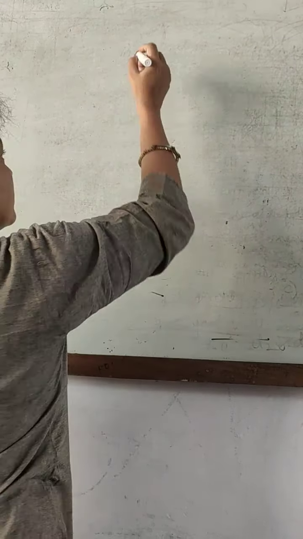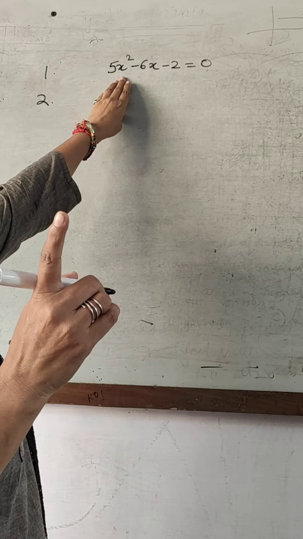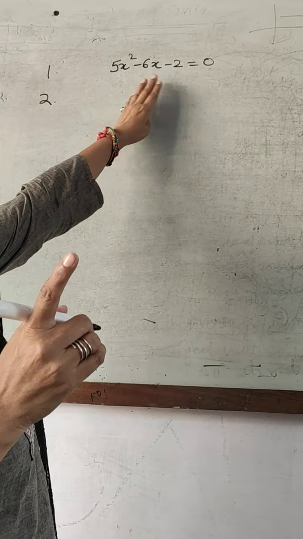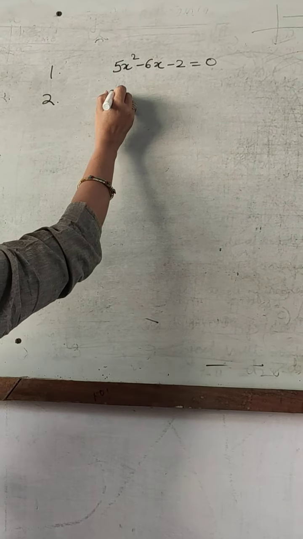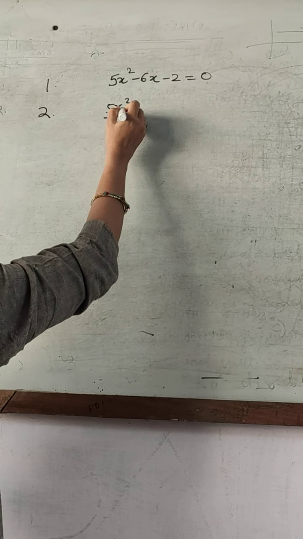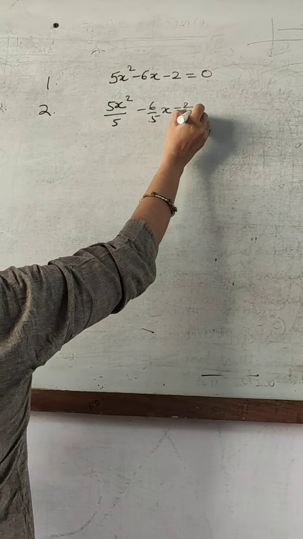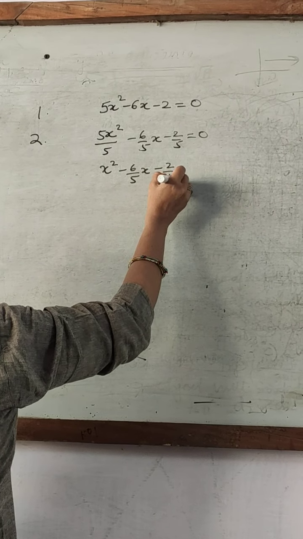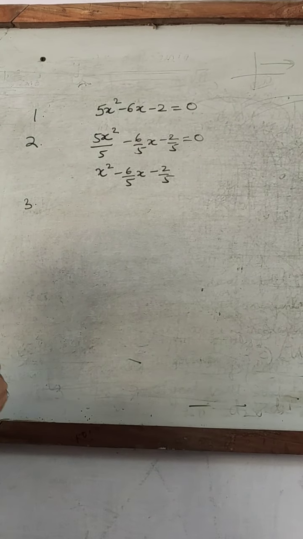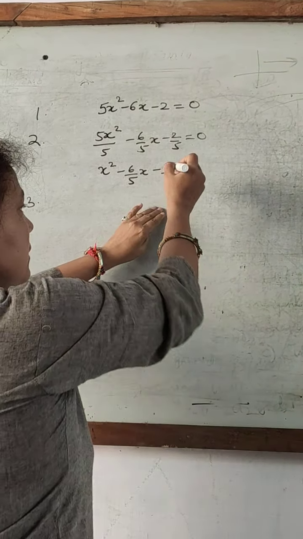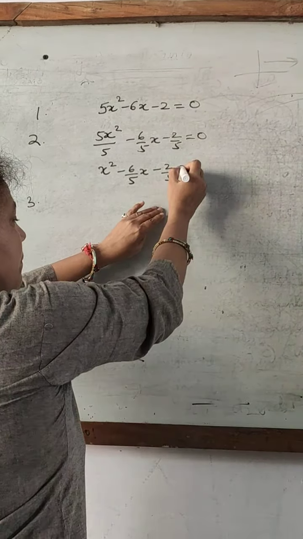Now the second, here you can see the coefficient of x square is not 1. We will make it 1 by dividing the whole equation by 5. So we get x square minus 6 by 5x minus 2 by 5. Now my third step, the constant term we have to take to the right hand side.